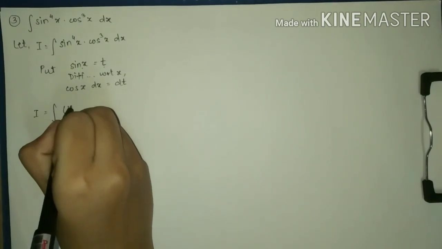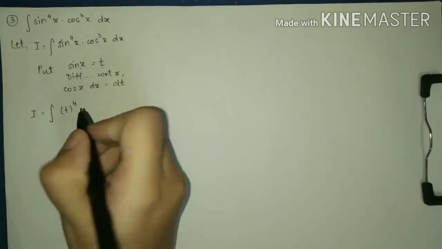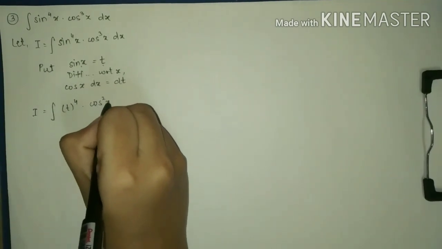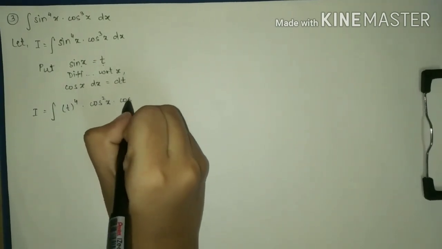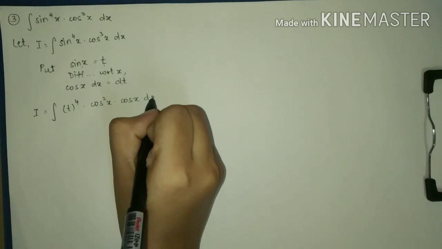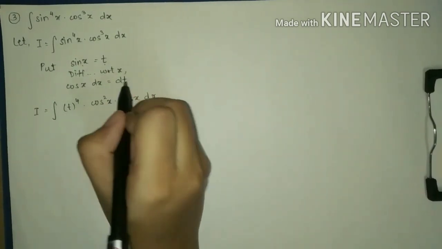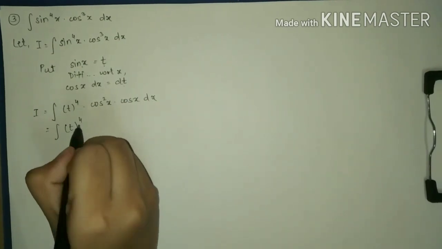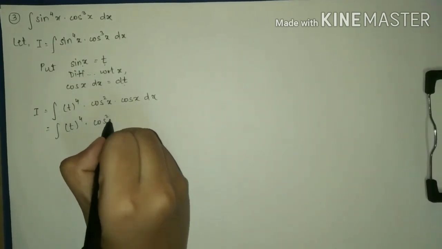So this will be t raised to 4. And here we have cos square x into cos x dx. I have the term cos x dx, which I substitute as dt. So the integration of t raised to 4 into cos square x dt.